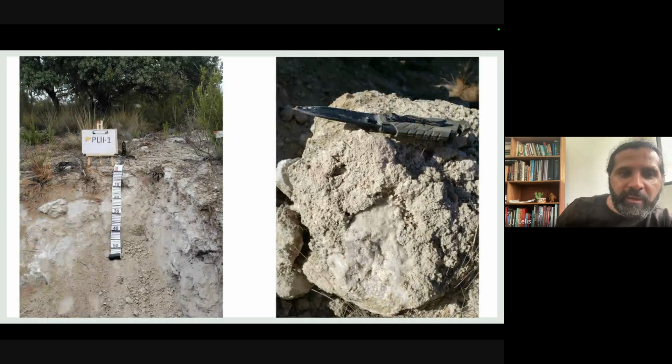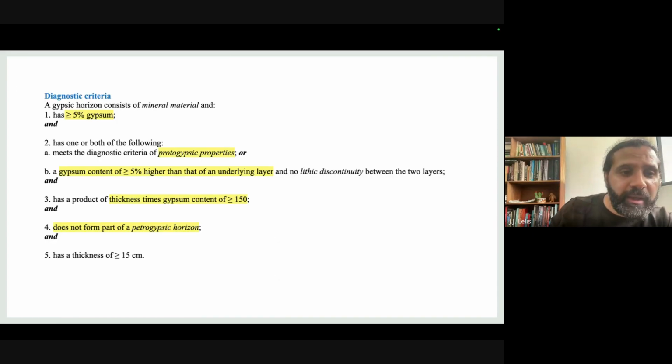Okay, it usually registers this whitish color because of the gypsum. And the criteria is that they register at least 5% of gypsum. This horizon should meet the diagnostic criteria for protogypsic properties, that is, some secondary gypsum that's precipitated, a gypsum content that's 5% higher than the underlying horizon, and no lithic discontinuity.